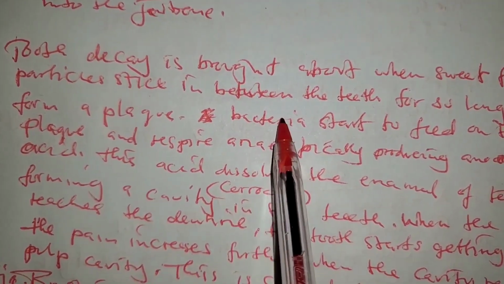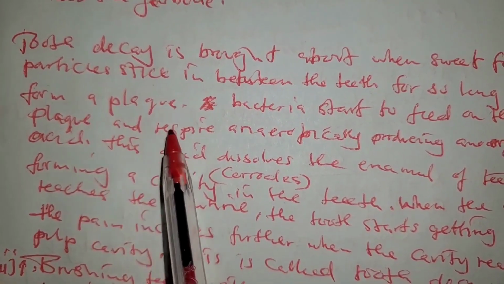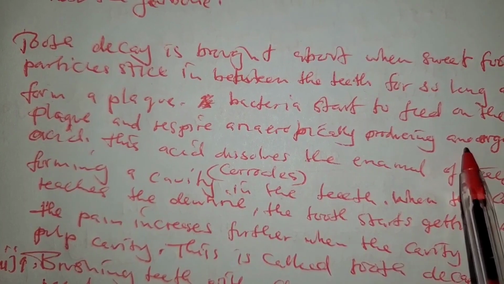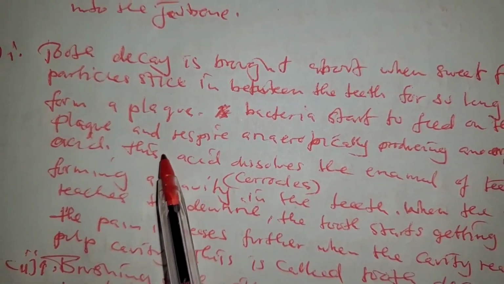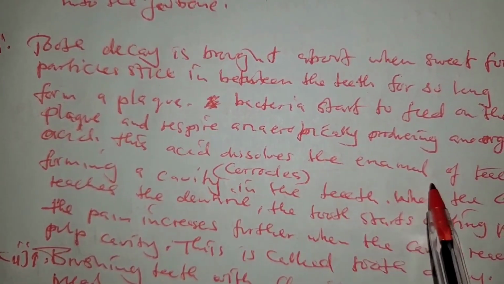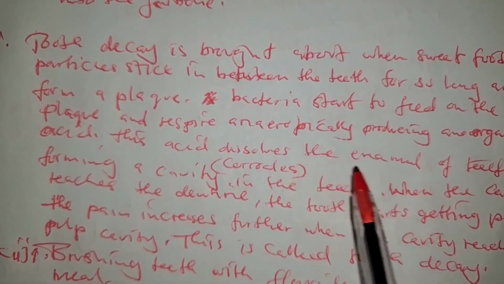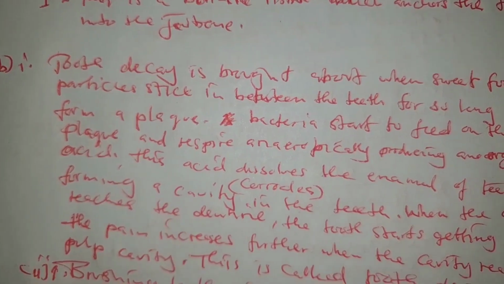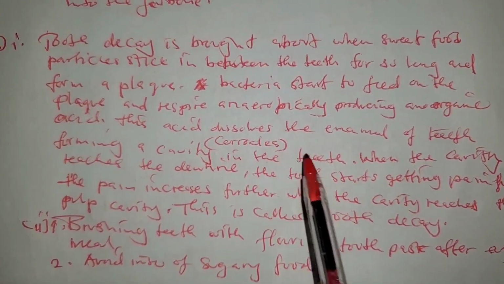Now bacteria start to feed on the plaque and respire anaerobically, producing an organic acid. This acid dissolves, to dissolve is to corrode, the enamel, which is the hardest part of the tooth. Forming a cavity in the teeth.